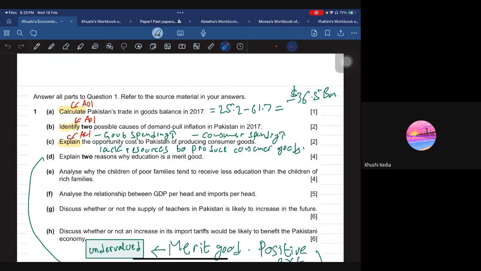So the generations basically remain poor. The answer seems to be fine because both of the points are here. The poor families need to work, and the link is also there, and the explanation is also there.